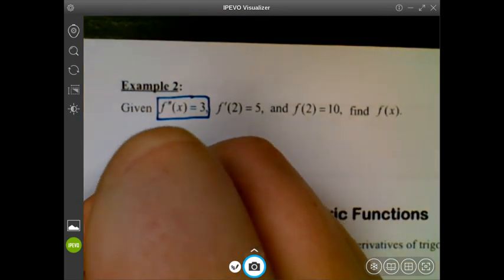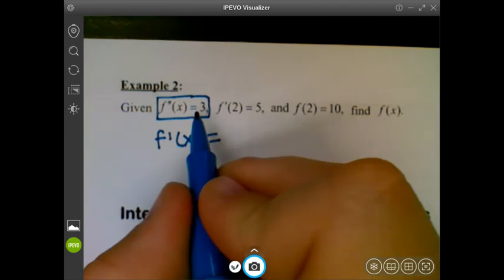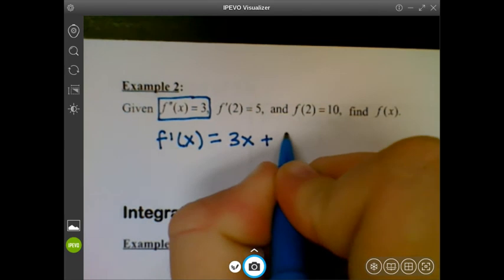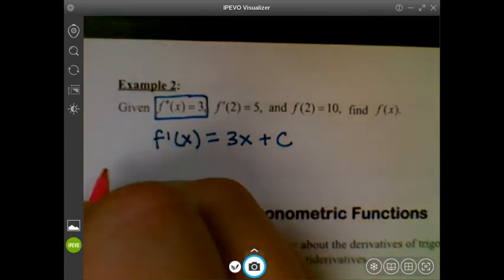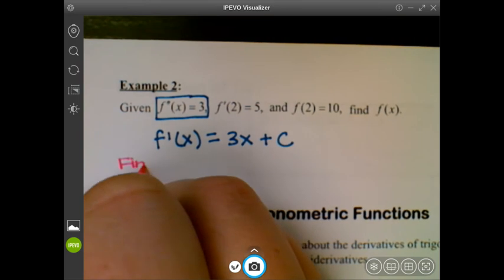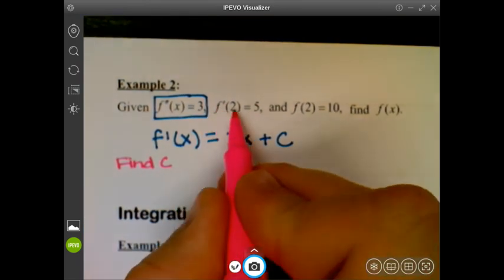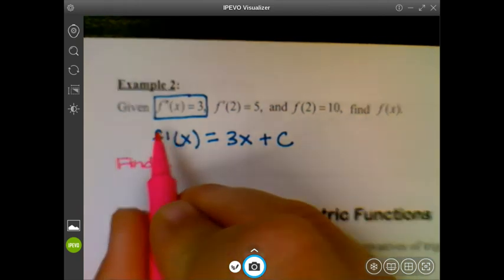So if you take its integral, you would get f prime of x. And the integral of 3 is just 3x plus c. And so here's where we're going to go ahead and find that c value. So we have f prime of 2 is equal to 5. So when we plug in 2 for x, we'll get that that equals 5.